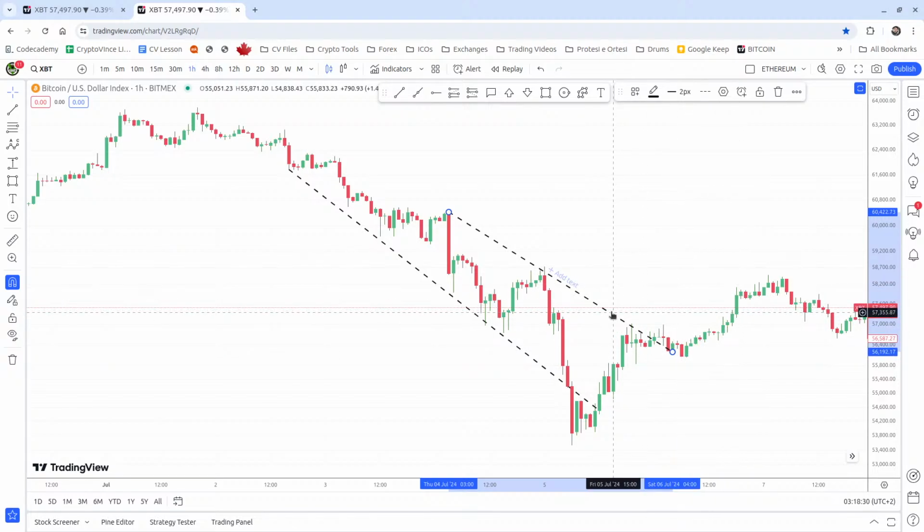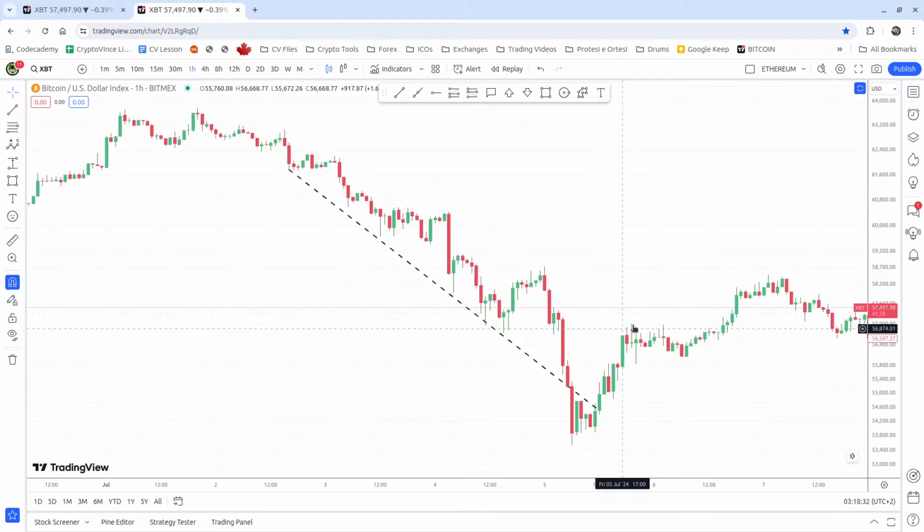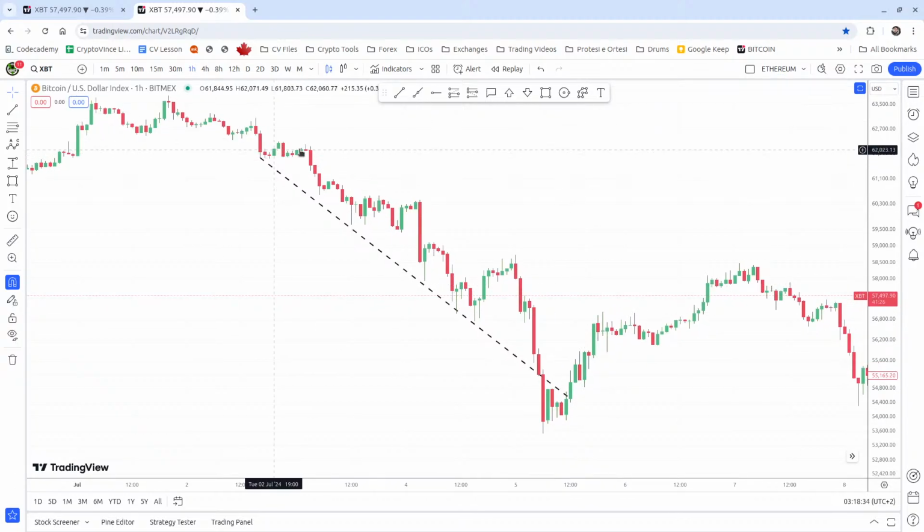But what I notice most of the time, when price drops, it arrives here, drops even more, so it breaks my downtrend downward, and after that, usually indicators are very oversold.